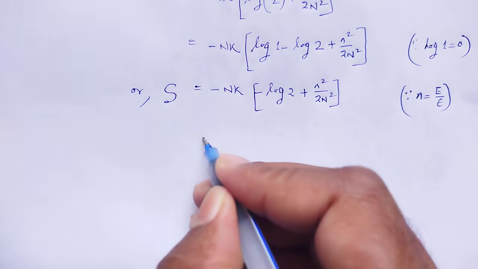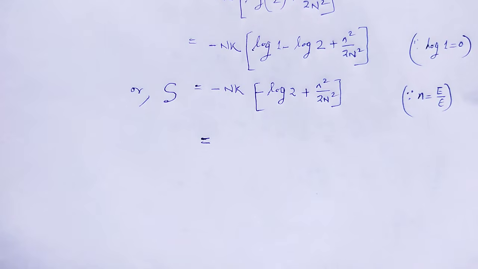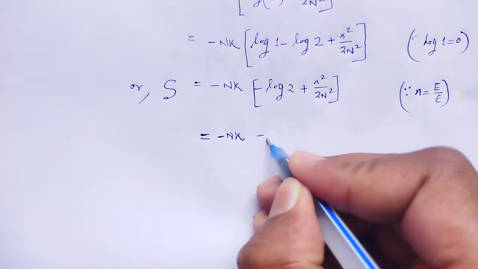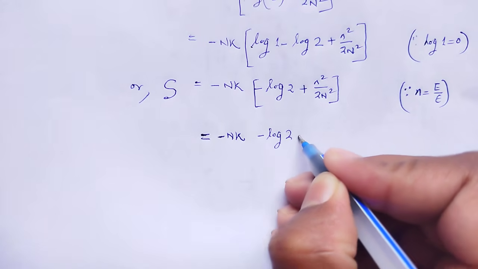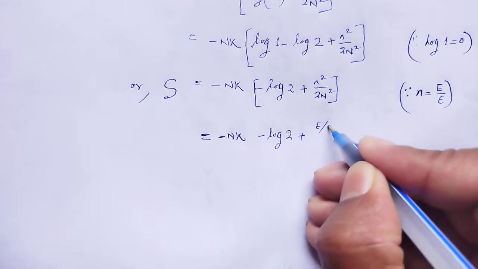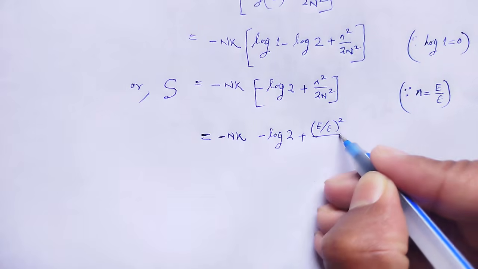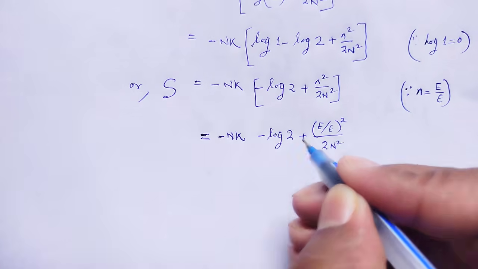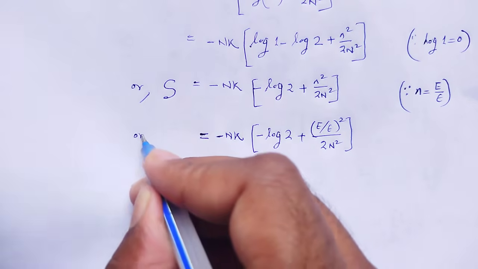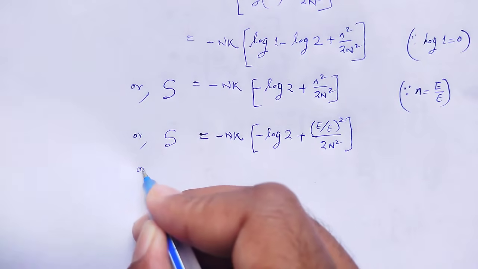So the expression will be changed to minus nk log 2 plus, in place of small n, that is E by epsilon whole square divided by 2n square. That is the expression of entropy.